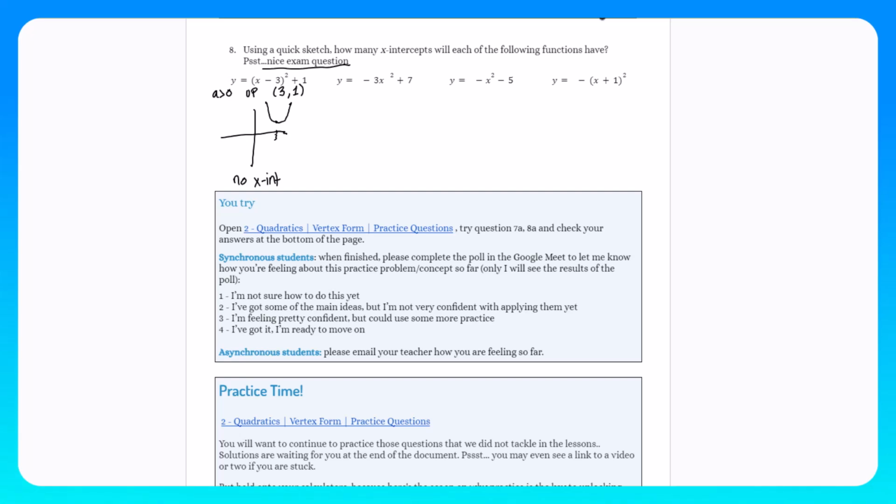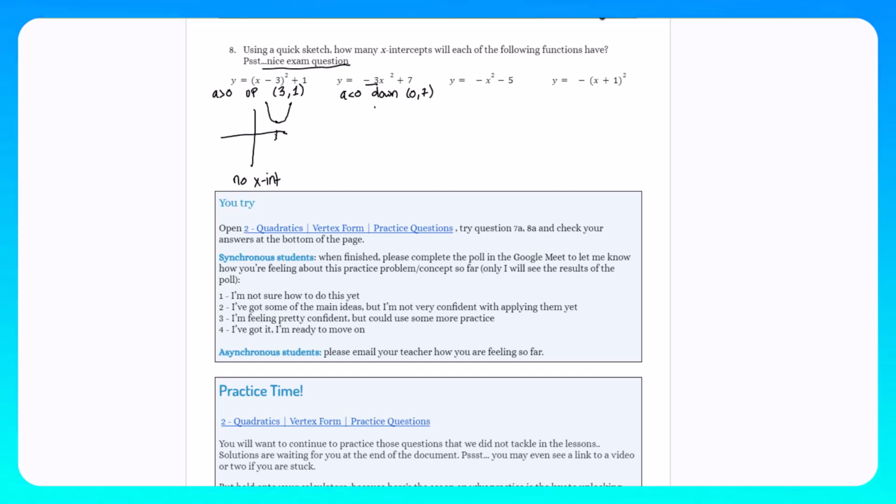Let's look at this one. Well, in this one, A is less than 0. So we know it opens down. Now, what's our vertex? Well, P is not here under that square sign, so that means our P is 0. And our Q is 7.